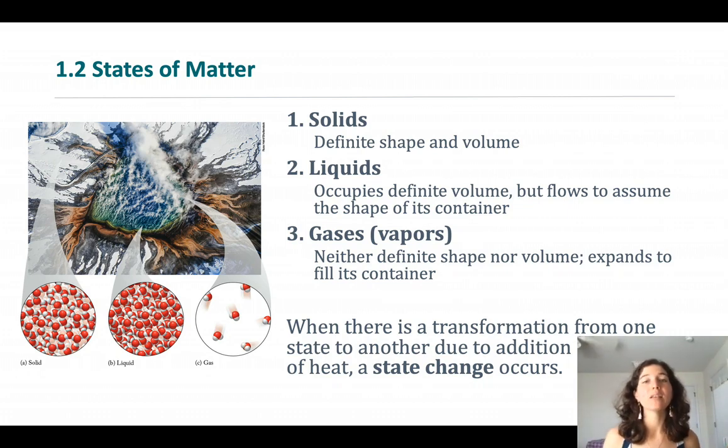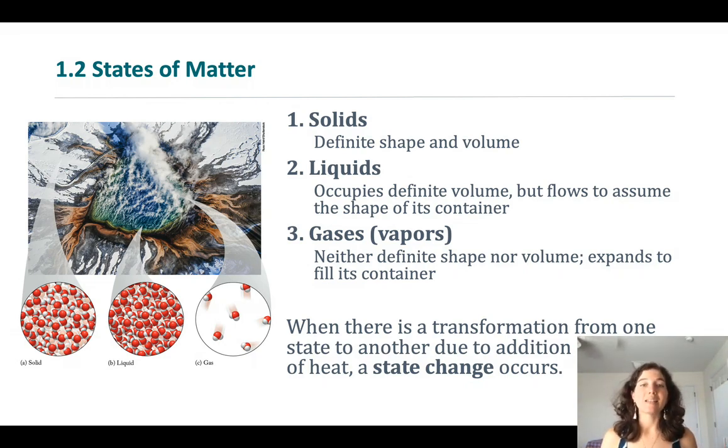Then we have liquids. Liquids are things that occupy a specific volume, but they flow to assume the shape of their container. Like if I put water in this cup, the water is going to assume the shape of the cup. But if I put this pen in this cup, the pen is not going to assume the shape of the cup. So that's the difference between liquids and solids.